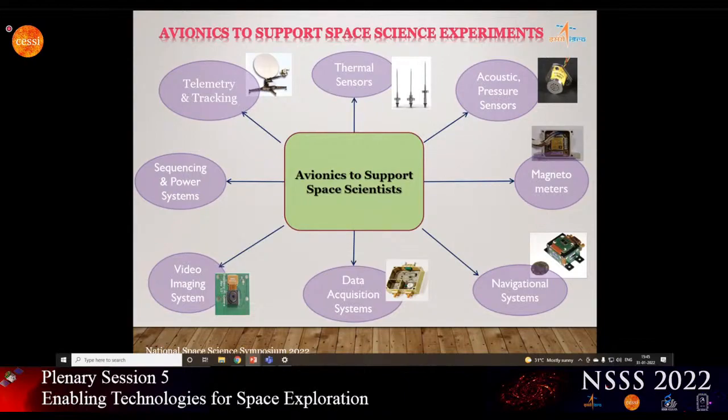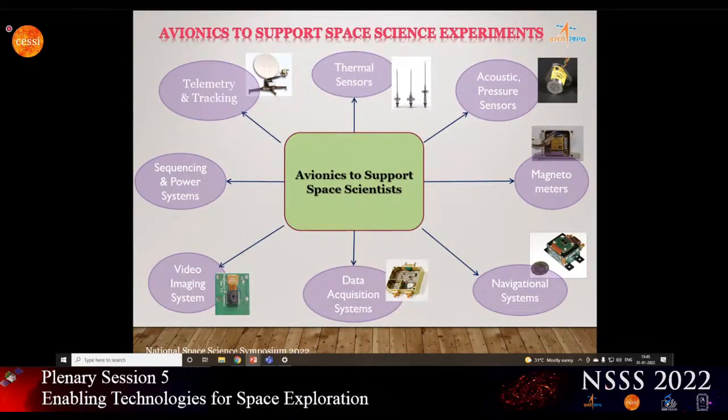Even sequencing is a very critical part, since sometimes the requirement for sounding rockets is purely time-based sequencing, and we have very precise and accurate sequencing commands with our processor systems. Even with an accuracy of 20 milliseconds, we can issue suitable commands at the predefined timings. Not only predefined, we can also have a real-time sequencing system through our uplink capabilities.